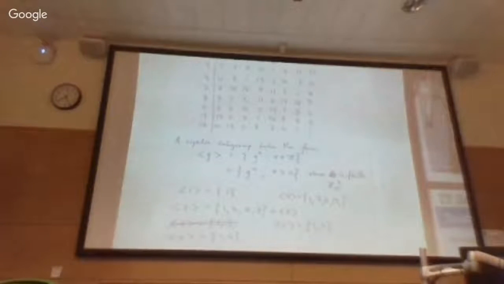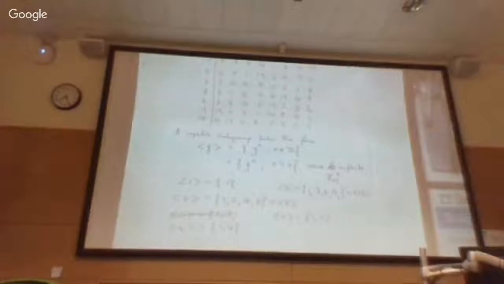So 11 squared is 1, you see from your table. 13 generates this one up here again, because 13 is the inverse of 7. And 14, well, because 14 is minus 1, that generates another order 2.